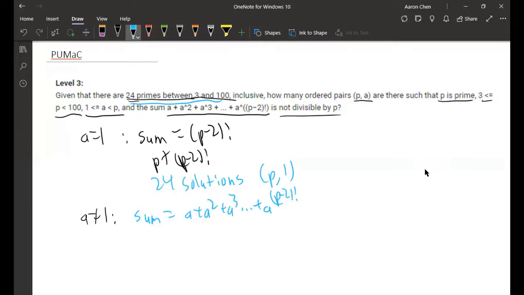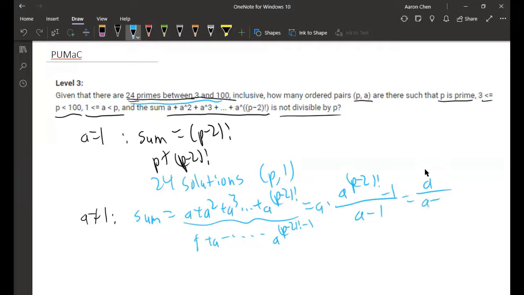And this is simply just A times (A to the power of (P minus 2) factorial minus 1) divided by (A minus 1). And the reason is because we can factor out a factor of A, and then this is simply just adding from 1 to A all the way to A to the power of (P minus 2) factorial minus 1. And so we can just rewrite this as A over (A minus 1) times (A to the power of (P minus 2) factorial minus 1).